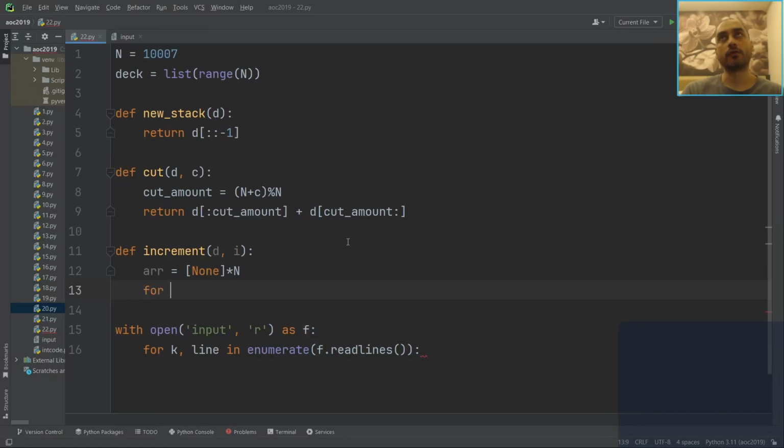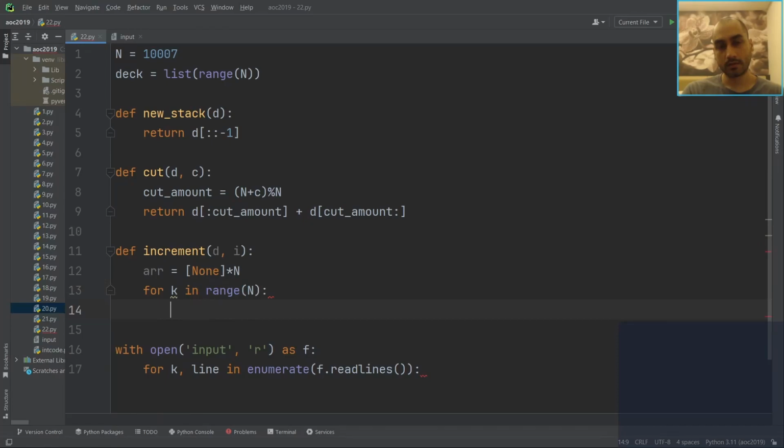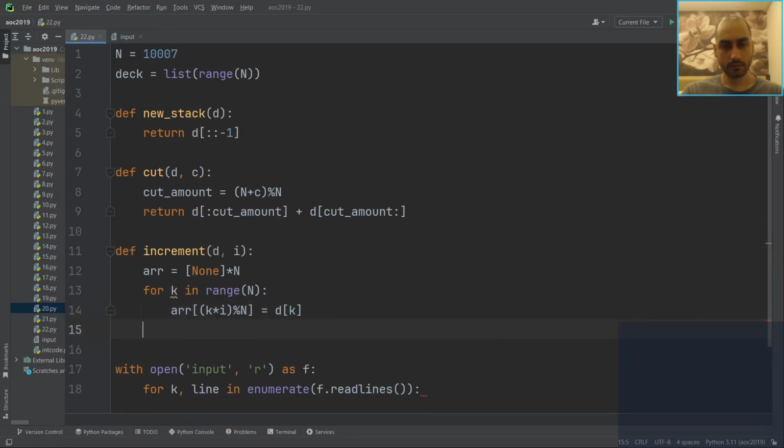And then for k in range n, the first one goes at 0, the next one goes at i along. So it's going to be k times i percent n. That's the position we insert it in. Then we return this new array. So those are the 3 operations.